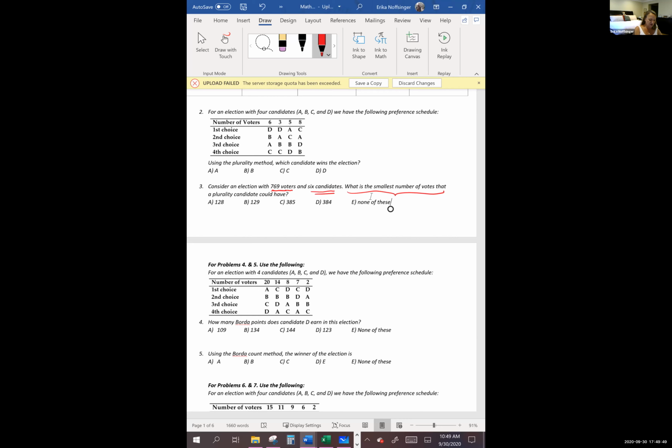And so if there were 769 voters divided by the 6 candidates, that's about 128. So in order for a person to win, they would have to have, if it was split that way, at least 129 votes.